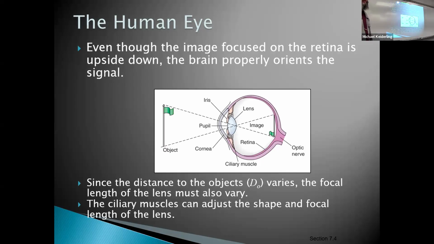And since the distance to the objects will vary, to keep what you're looking at in focus, so the image is still focused on the back of your eye, the ciliary muscles in your eye adjust the shape of the lens and thus the focal length of the lens. A camera instead adjusts the image distance because it can't change the shape of the lens. So when you focus a camera, you'll notice the lens moves in and out.